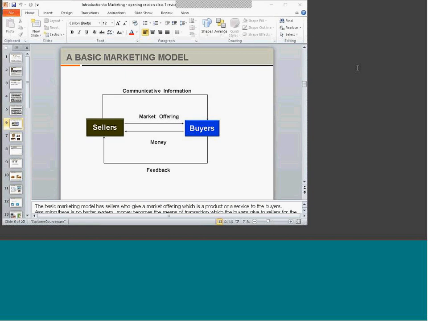Advertising has very little to do with branding. Advertising is simply awareness of the product. That's why we call it communicative information or advertising. Branding will only happen where there is consistent experience over a considerable period of time.